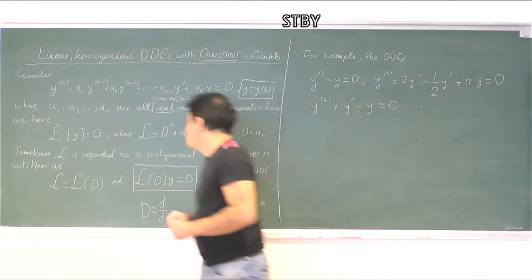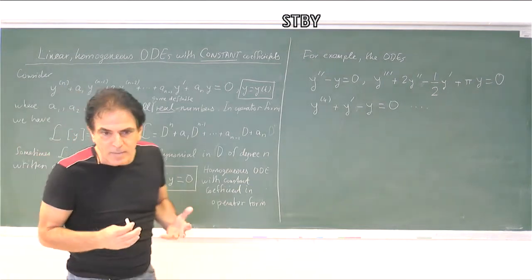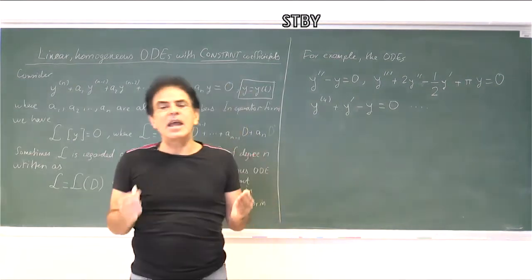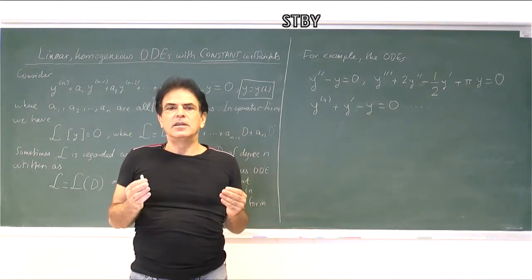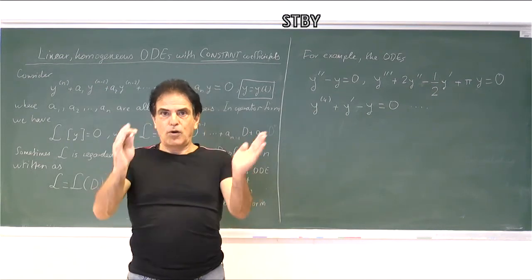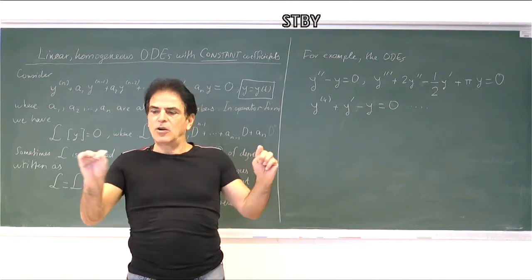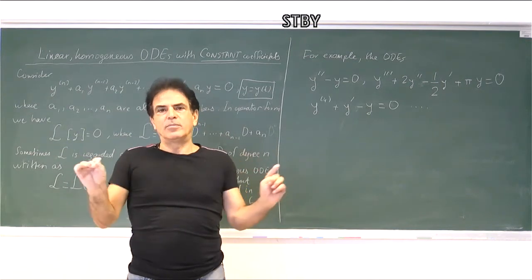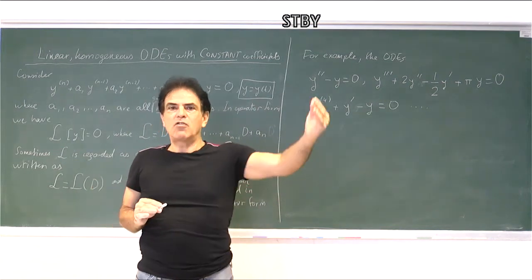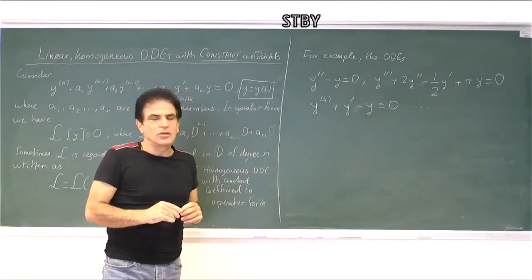Okay? So our objective, which is suggested by the general theory, is to find n linearly independent solutions, to form first a fundamental set of solutions, and then take the combination of n independent solutions to generate the general solution of the homogeneous equation under consideration.